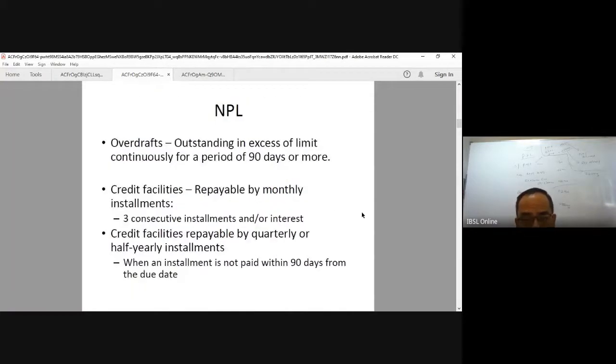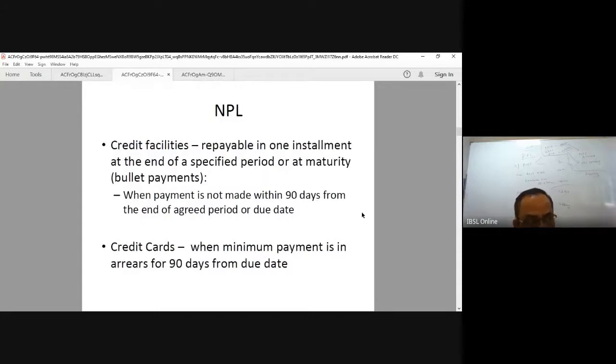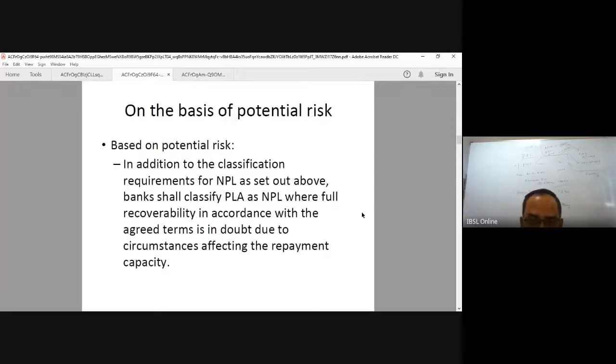And under the non-performing advance, what are the classifications available, including credit card and other loans, depending on the period of repayment? And based on the risk, how do you classify a customer as a non-performing advance?